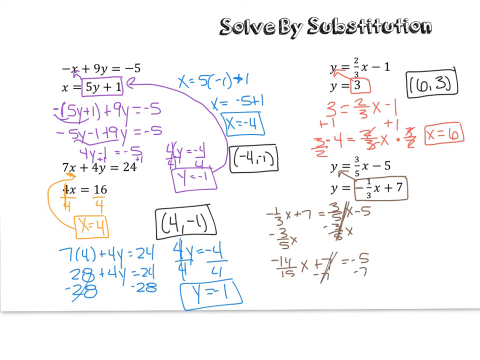Subtract 7 from both sides, so negative 14x over 15 equals negative 12. Then we need to take both sides times the reciprocal, negative 15 over 14.